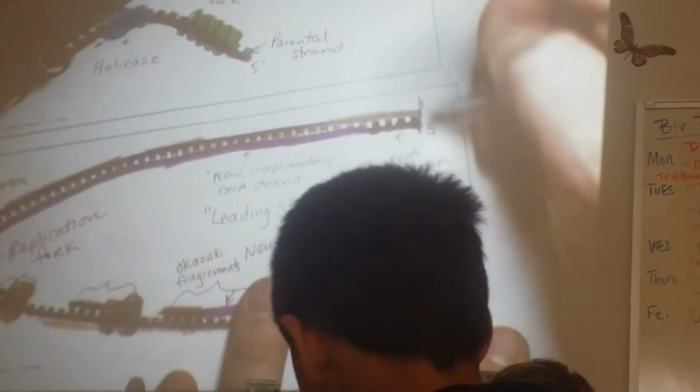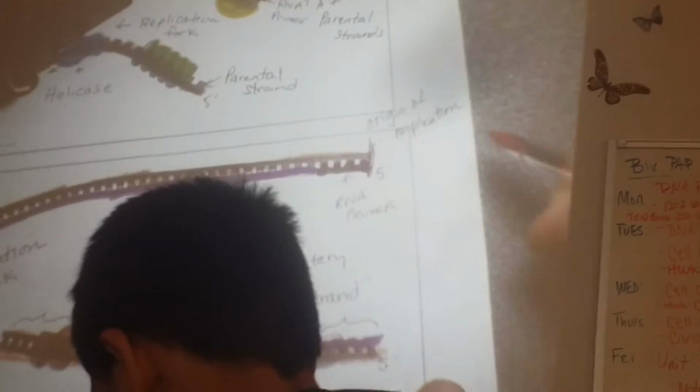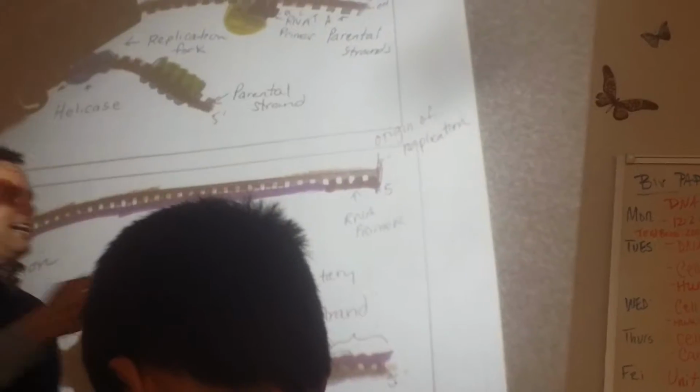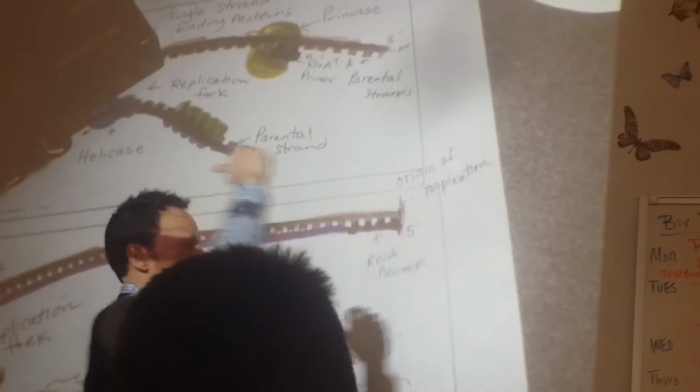Let's say there is this area right here that we're going to call the origin of replication. What that means is there is a sequence of nucleotides in the DNA strand.